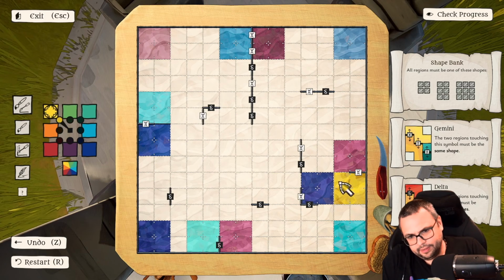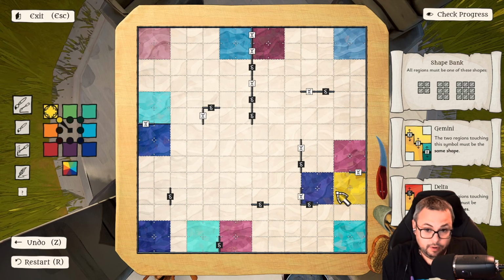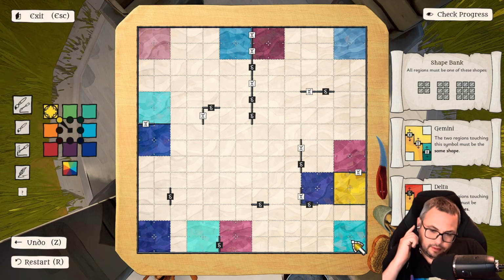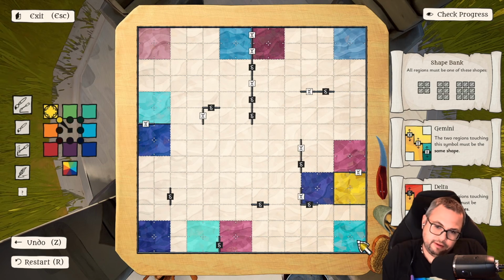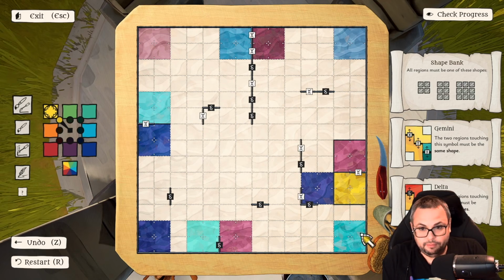Okay, can these two possibly be the same? No. So this one's done. If this... Oh, so therefore that one's a square.